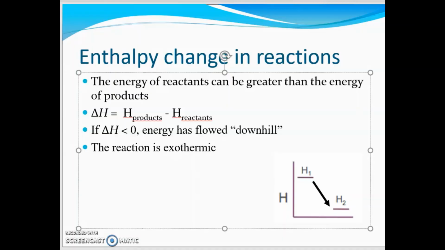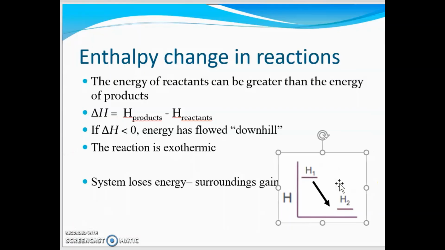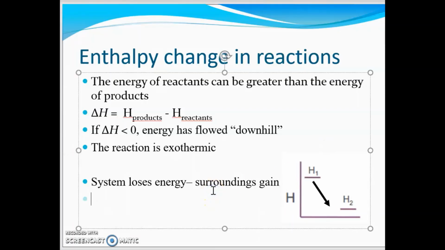Well, if energy is exiting the system, it cannot just disappear. It has to be changed or converted into the surroundings. So if the system loses energy, the surroundings gain energy, because the energy cannot just disappear. Well, what will I see if the surroundings gain energy?